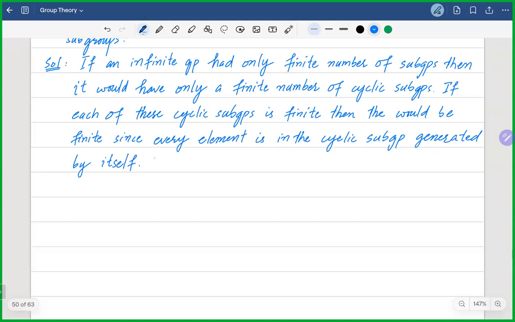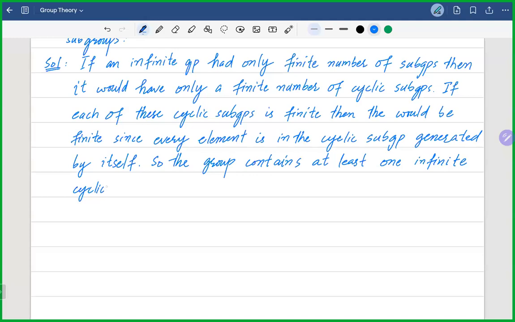So the group contains at least one infinite cyclic subgroup, and we call it generated by a.